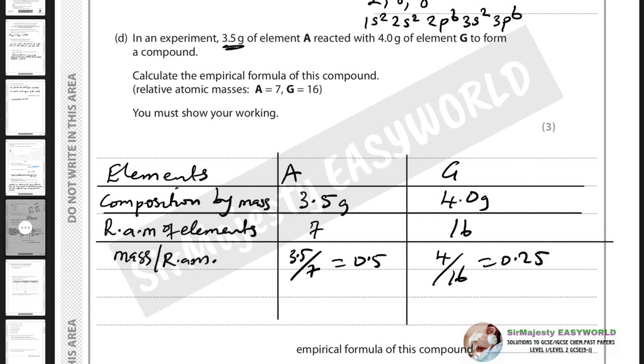Then you divide by the smallest ratio to get the empirical formula. Remember, empirical formula is the simplest formula of a compound. So you divide by the smallest ratio.